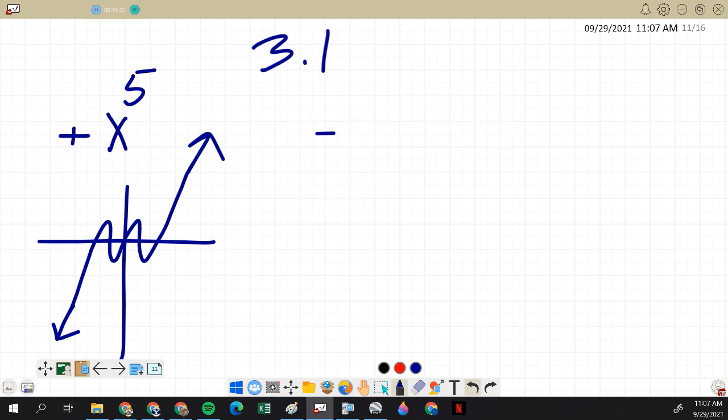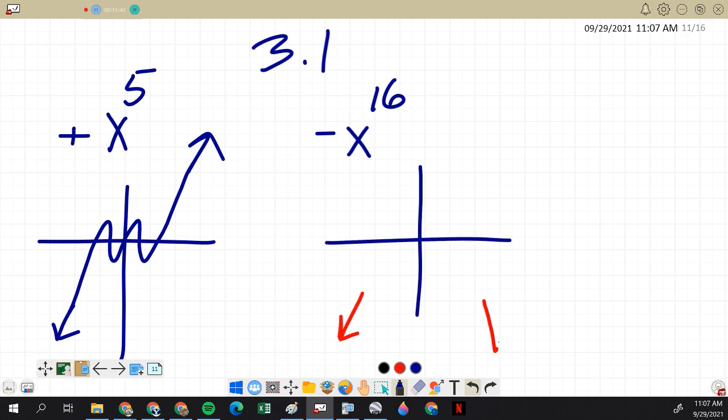What if I had a negative x to the 16th? So we know down on the left and down on the right. Does everybody understand that? Why are they both down? Because the degree is even and the leading coefficient is negative.